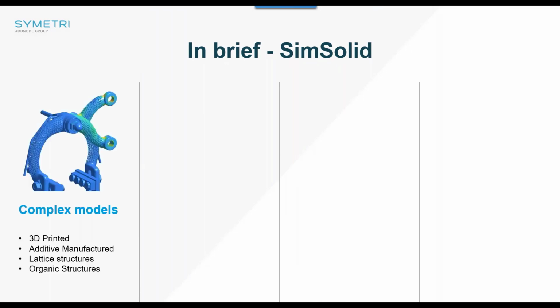In brief, SimSolid is ideal for complex models which will be almost impossible to mesh using traditional tools. They could be 3D printed parts, additive manufactured lattice structures, or organic structures.